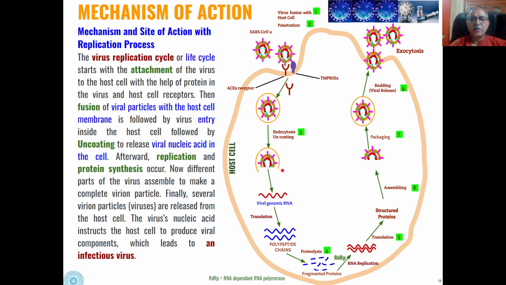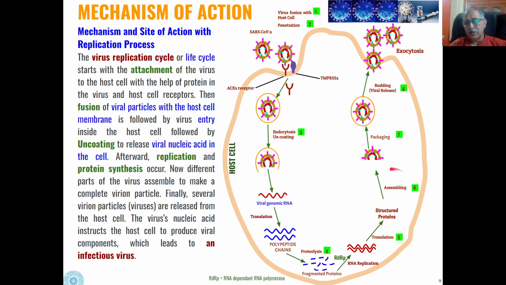Uncoating takes place, and after uncoating, the viral nucleic acid mRNA is released in the cell as viral genomic RNA. Then translation synthesizes polypeptide chains, and then proteolysis of these polypeptide chains gives us fragmented proteins, which through RNA replication are converted into functional proteins, and these functional proteins through translation are converted into structural proteins of the virus.